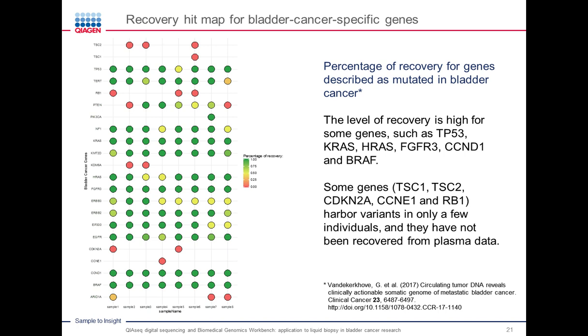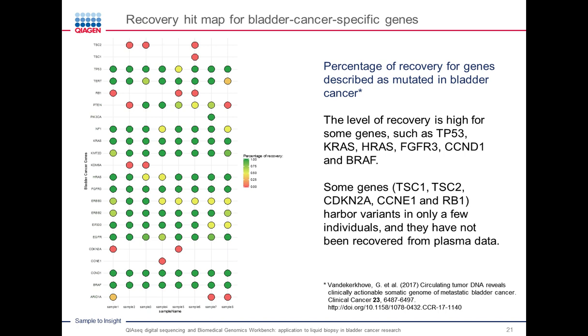Only the genes that have been previously associated to bladder cancer are shown here by row, and we have the samples by columns. Where there is a dot, it means that mutations have been found in the patient. The color of the dot refers to the percentage of how many variants from the tissue have also been found in the plasma, like in the recovery measure of the previous plot.